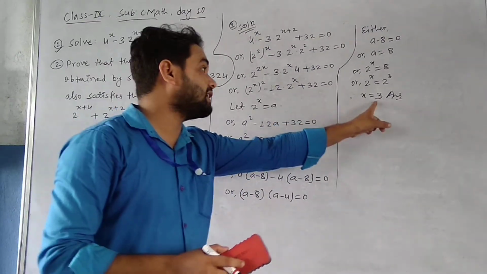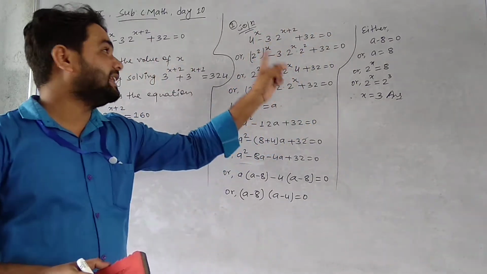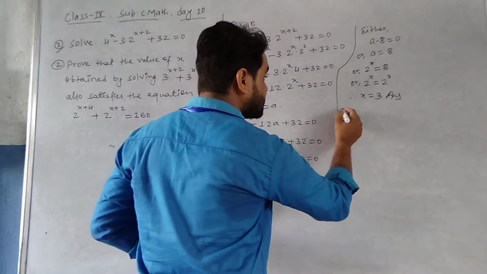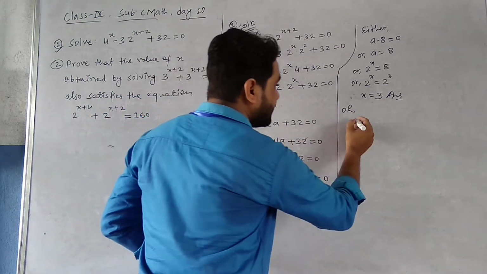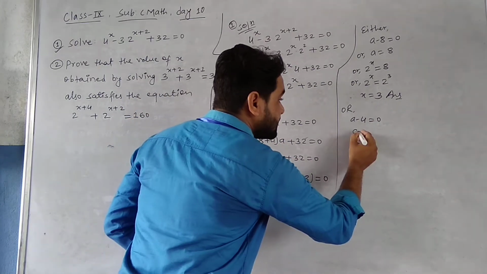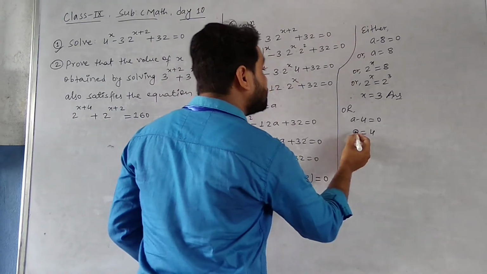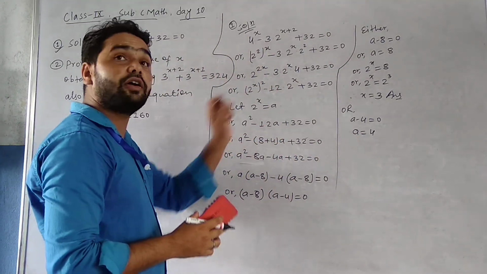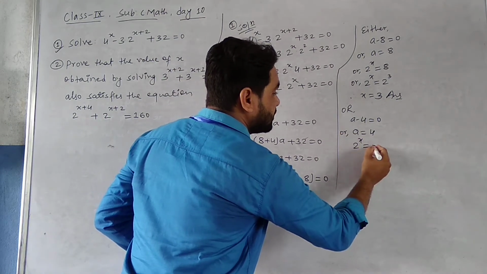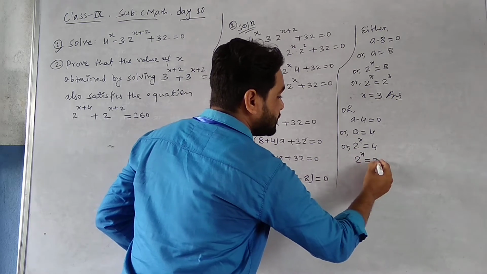If you put this x equals 3 in the original equation, the question, then it satisfies that equation. Or again we have a minus 4 equals 0, that means a equals 4. We have written already a equals 2 power x, so 2 power x equals 4, and this 4 can be written as 2 square.